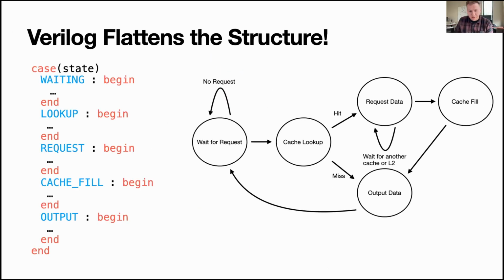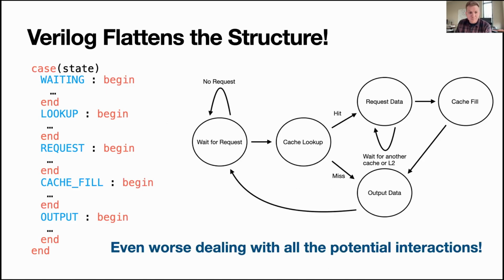But if you look at a standard Verilog implementation of this sort of protocol, the structure is completely flattened, and your brain is in charge of reconstructing the FSM diagram on the right. The situation is made even more difficult when the designer has to both reconstruct the structure of the FSM and consider incoming requests that we hand-waved away earlier, from other FSMs expressed in this flattened style.